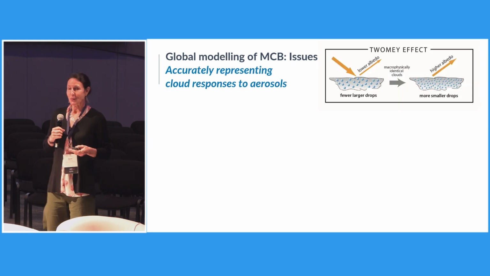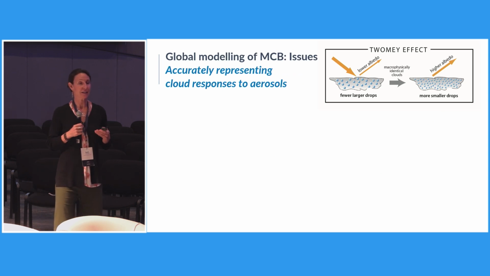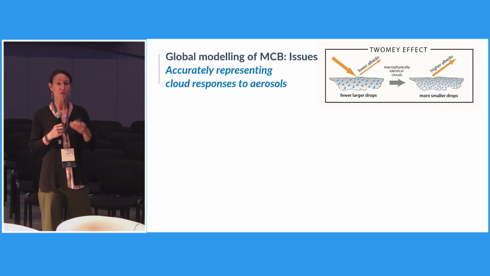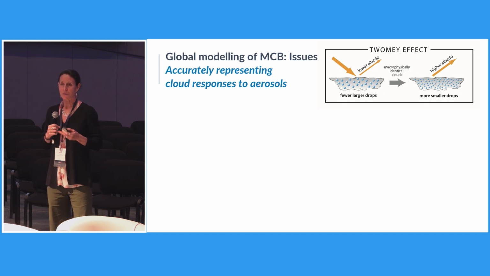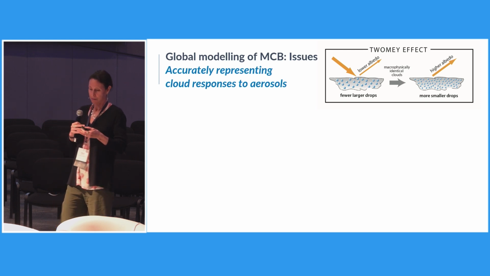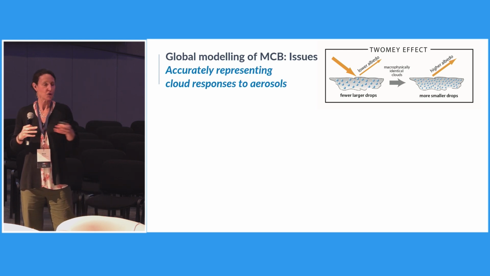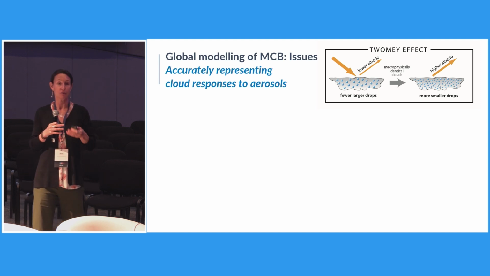A second issue is their representation of how the existing clouds then respond to the addition of aerosols. So the effect that we think of leveraging with marine cloud brightening, the original idea, is that if you take a cloud over the ocean where there usually aren't a lot of particles in the atmosphere, any water that condenses to form a cloud will condense on whatever particles exist there.